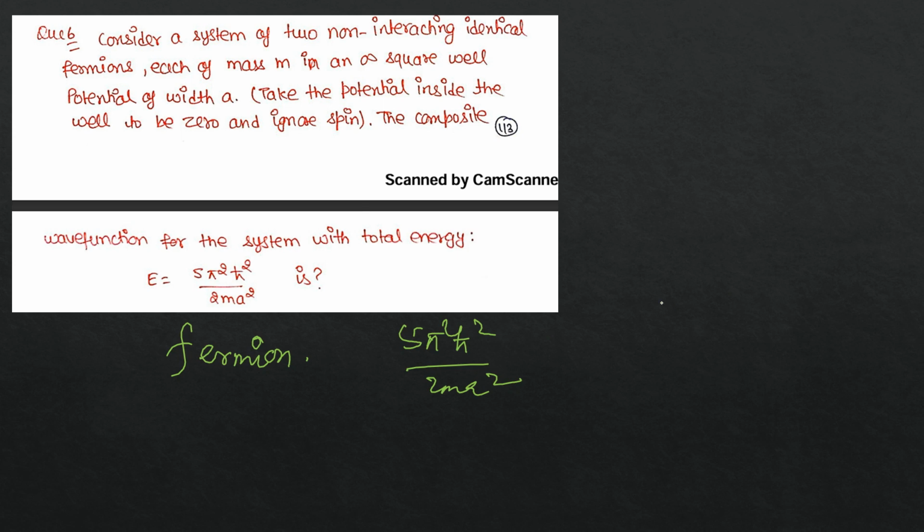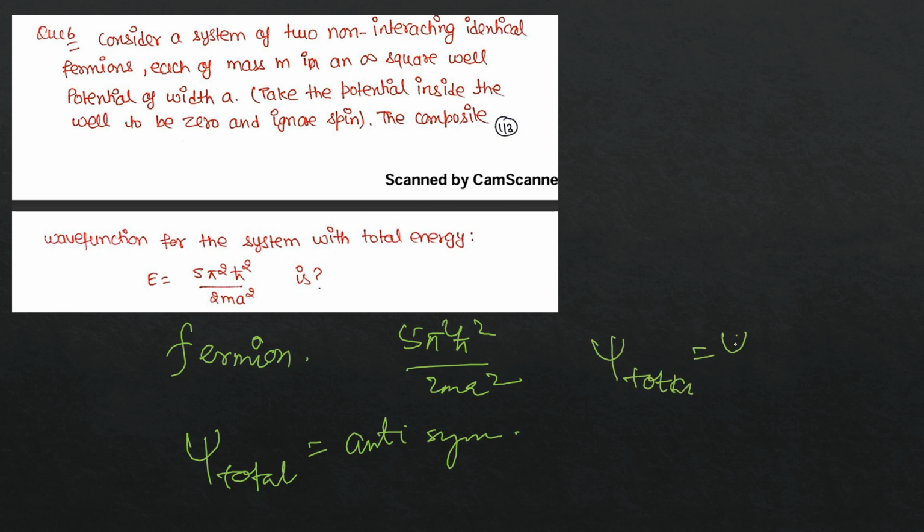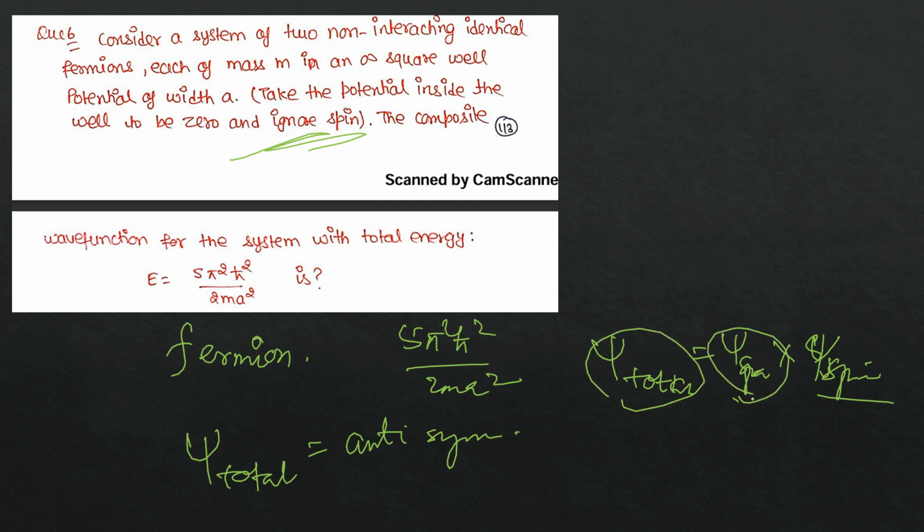Okay, so how to do it? We know that for fermions, the wave function is antisymmetric. The total wave function is psi space into psi spin. Here it is saying to ignore spin, so what is left? Psi total is equal to psi space.